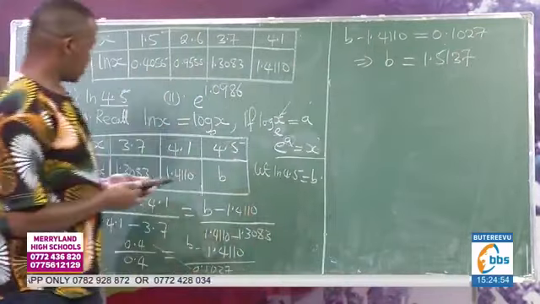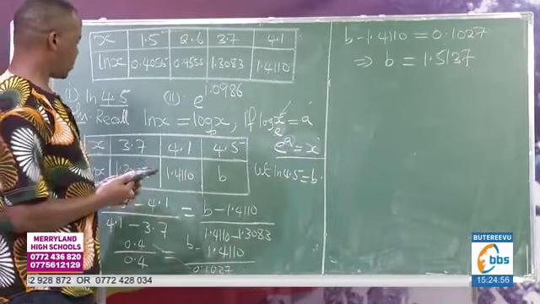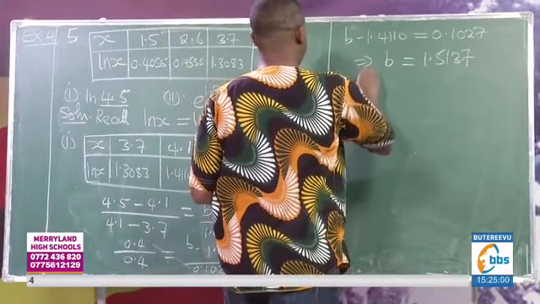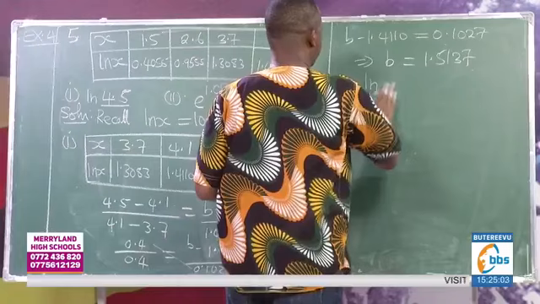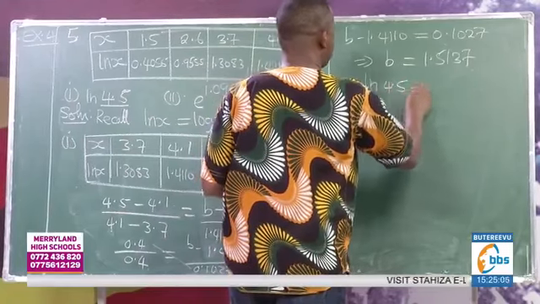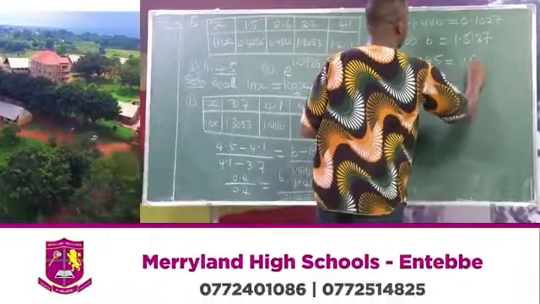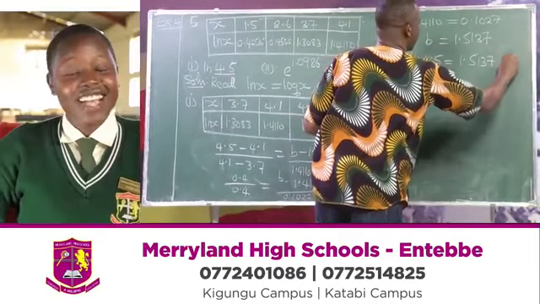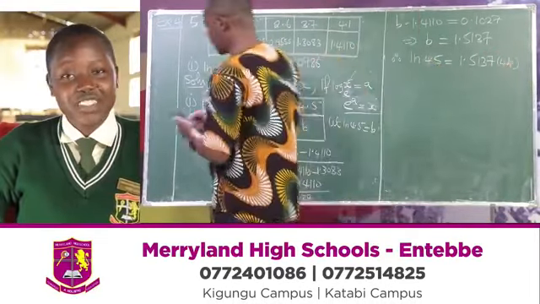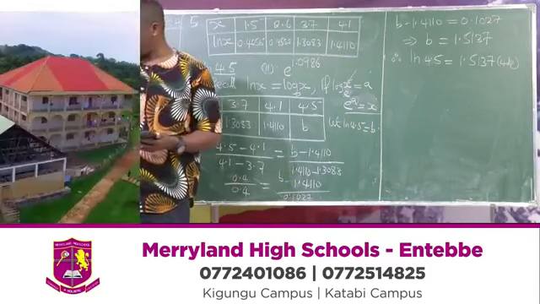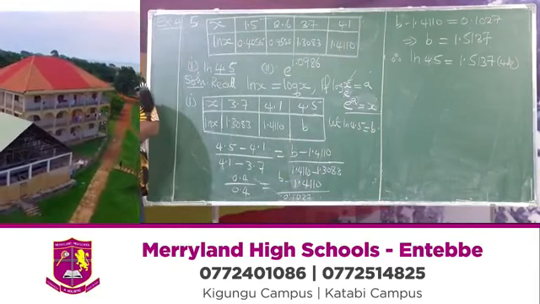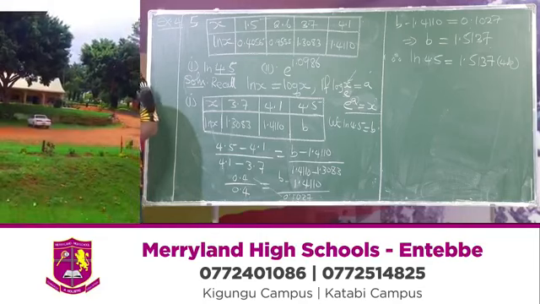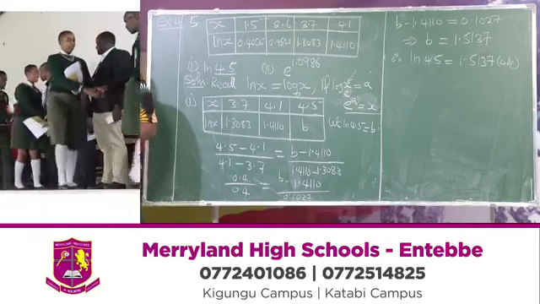But because these values are recorded to 5 significant figures, we can therefore conclude that the ln of 4.5 is indeed 1.5137 to 4 dps. The ln of 4.5 will give us that as our value that we actually need for this case.